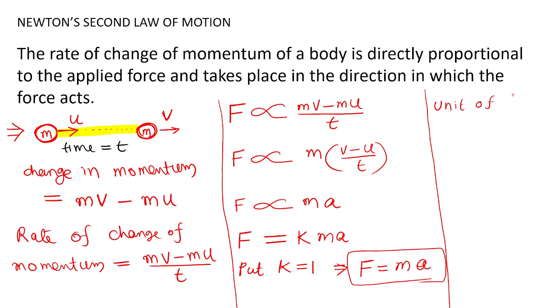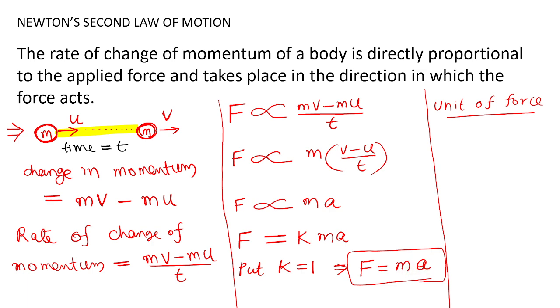And what is the unit of force? Can you tell me what is the unit of force? You have studied that. Unit of mass, kilogram. Unit of acceleration, meter per second square.